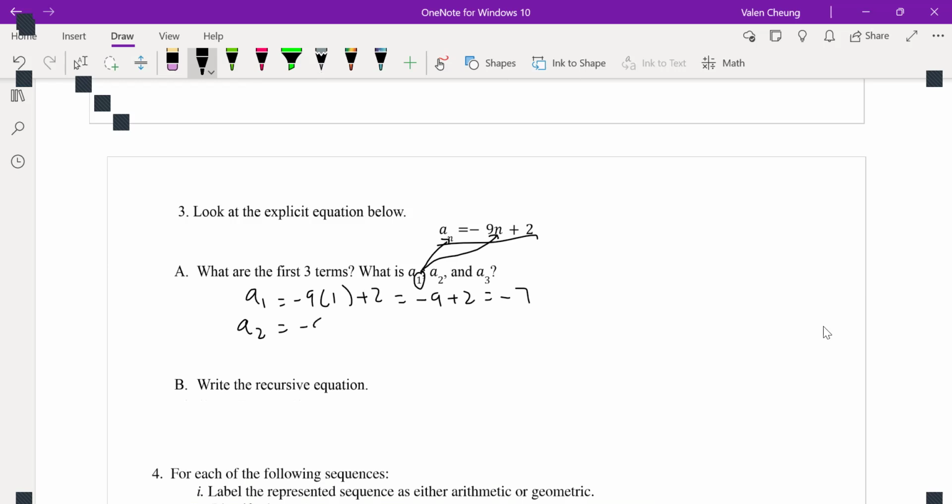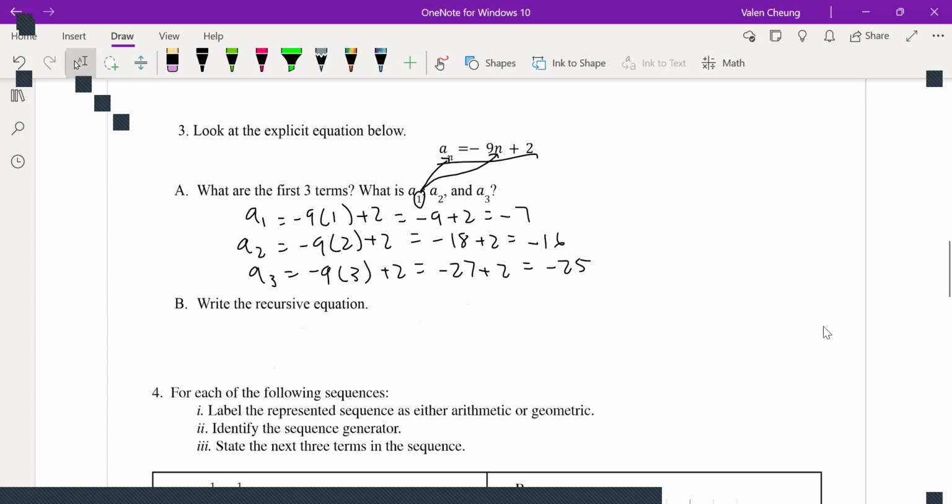A sub 2, -9 times 2 plus 2 equals -18 plus 2 equals -16. A sub 3, do the same thing. -27 plus 2 is -25.